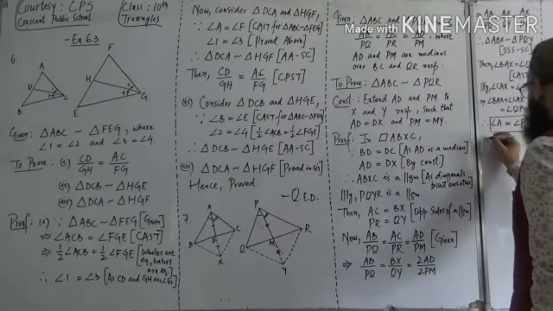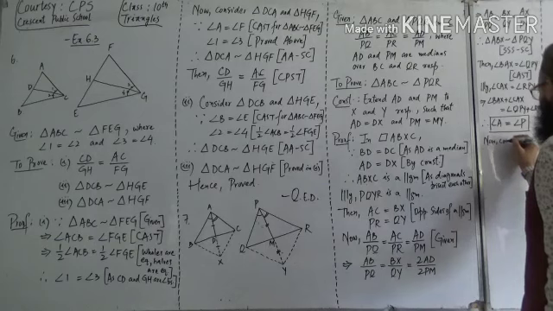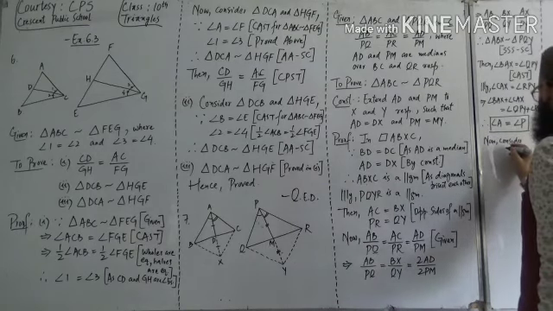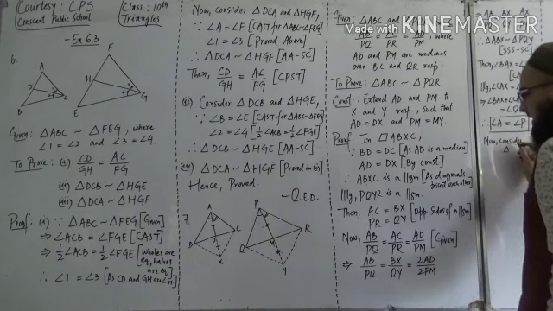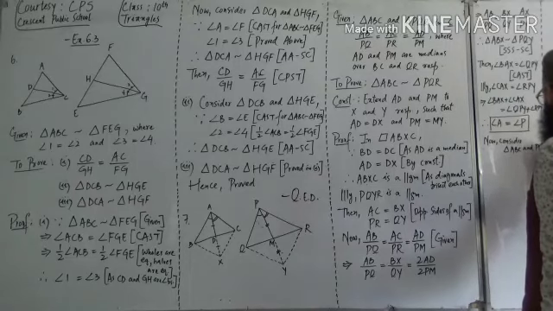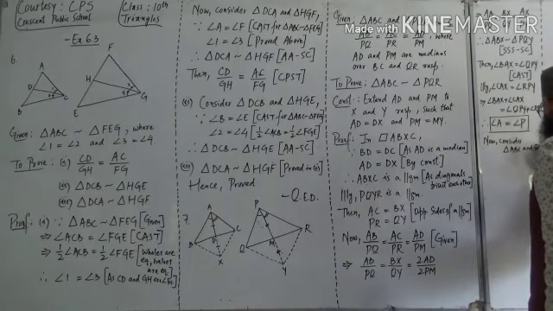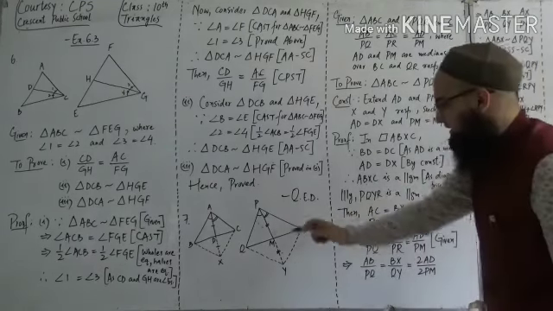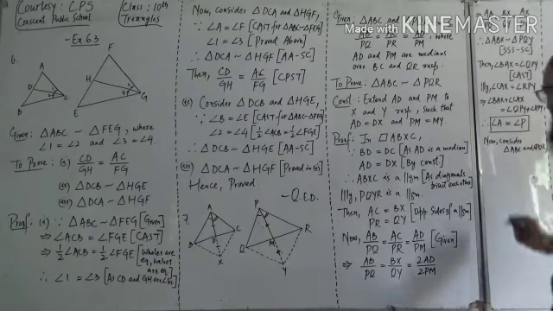Now consider triangle ABC and triangle PQR. What you have?